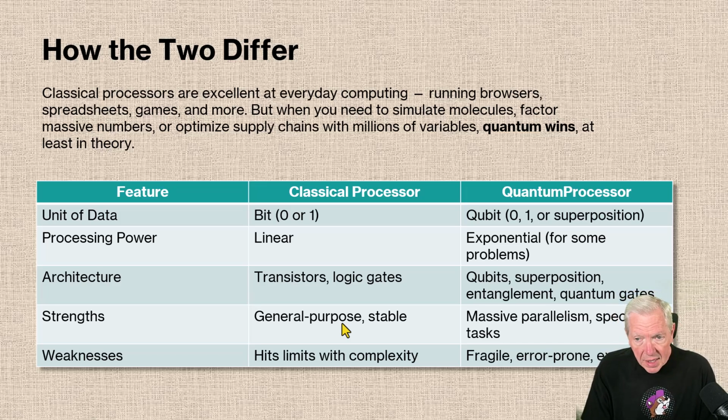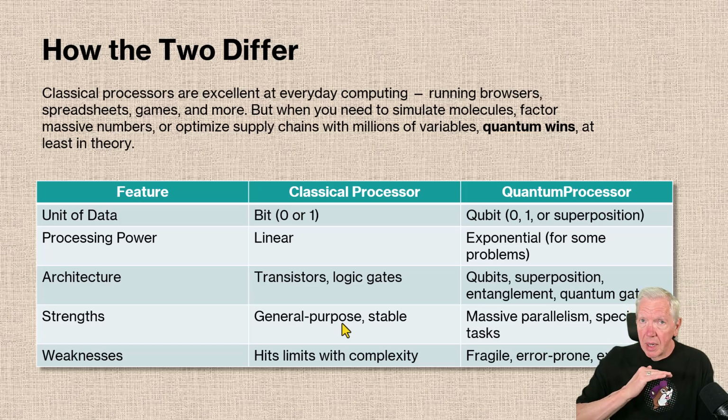Processing power for the classical processor is linear, but here's the thing that makes quantum processing so great: it's exponential, and so it can solve problems much more quickly than a classical processor can. When we get above the point where we're dealing with 100 qubits or more, this isn't my terminology, I took this from a quantum class I've been going through.